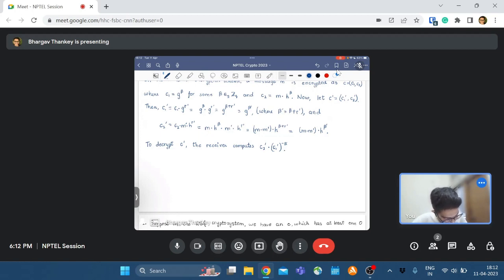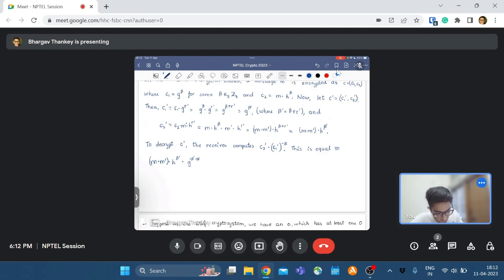So what is C2'? C2' is M times M' times h to the beta', times g to the minus alpha beta', because C1' is g to the beta', and that raised to minus alpha is just g to the minus beta' times alpha.